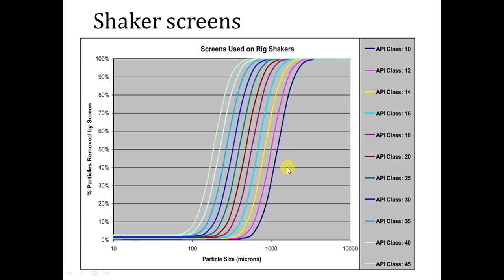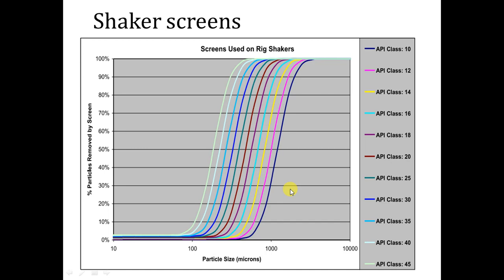So take care of this graph. Here is the particle size in microns, and here are the particles removed by the screens. There is a very important thing that we will talk about, called the D cut point.